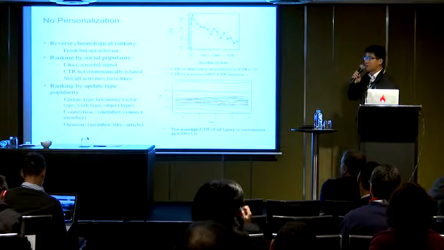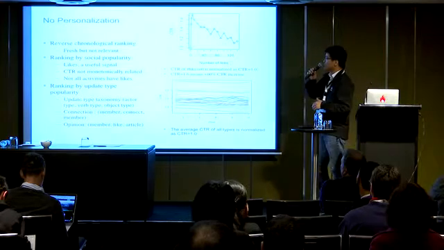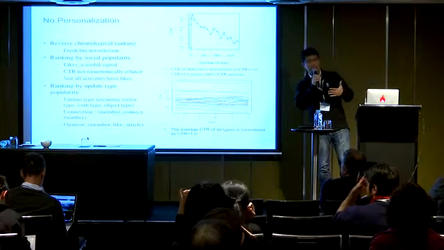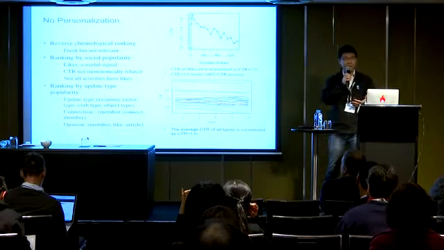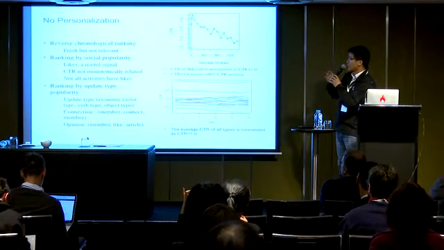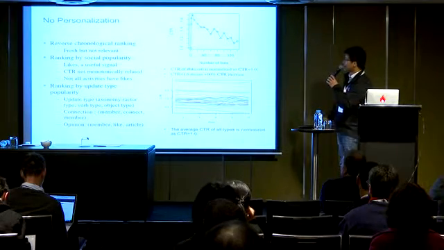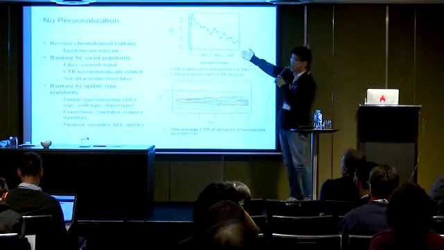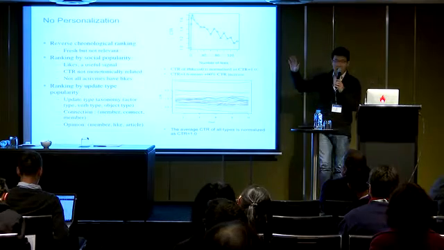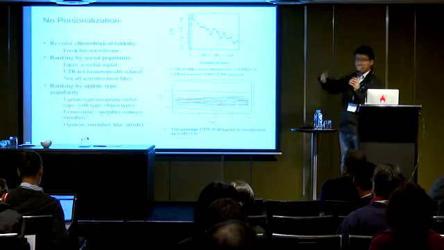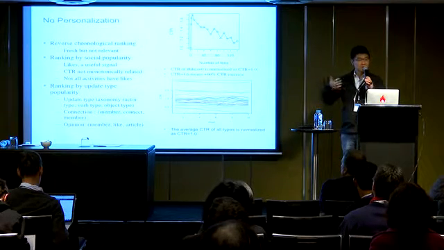For no personalization, we can do the time order. The time order, of course, is very fresh, but unfortunately may not be relevant. We can also rank the feed by social popularity. For example, you can see the figure in the upper right corner, where we rank the feed by the number of likes the activity has received so far.